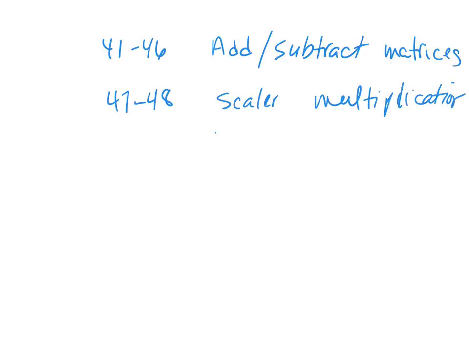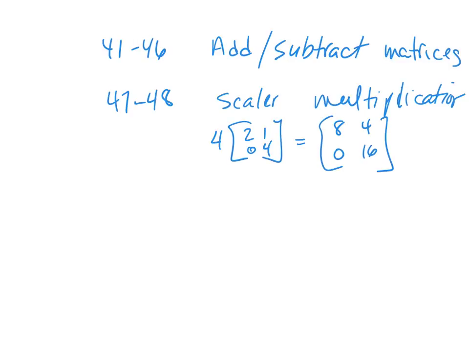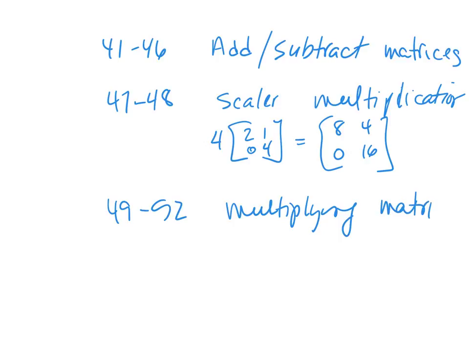And that's the ones that have like a 4 outside of a matrix, 2, 1, 0, 4, and you just multiply them all. So 8, 4, 0, 16. That's what that means. And then you're going to do multiplying. 49 to 52, multiplying matrices.